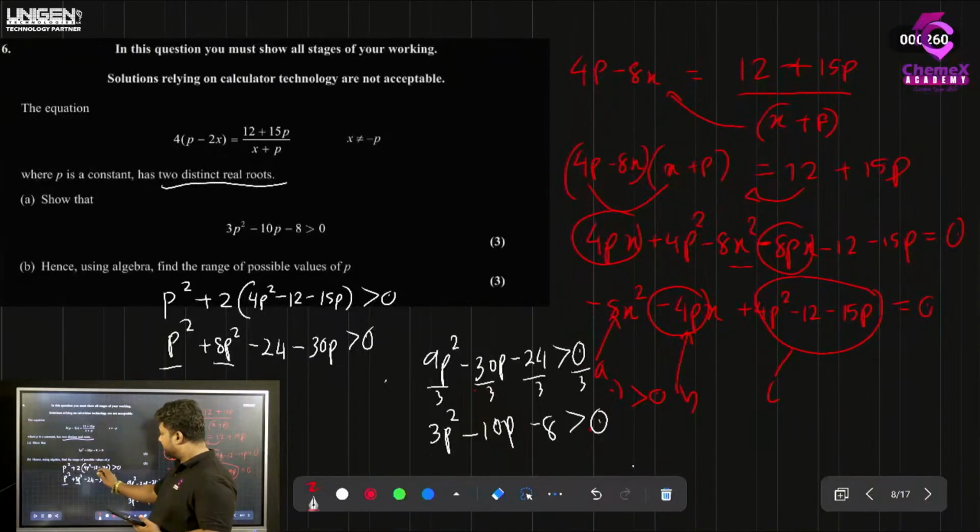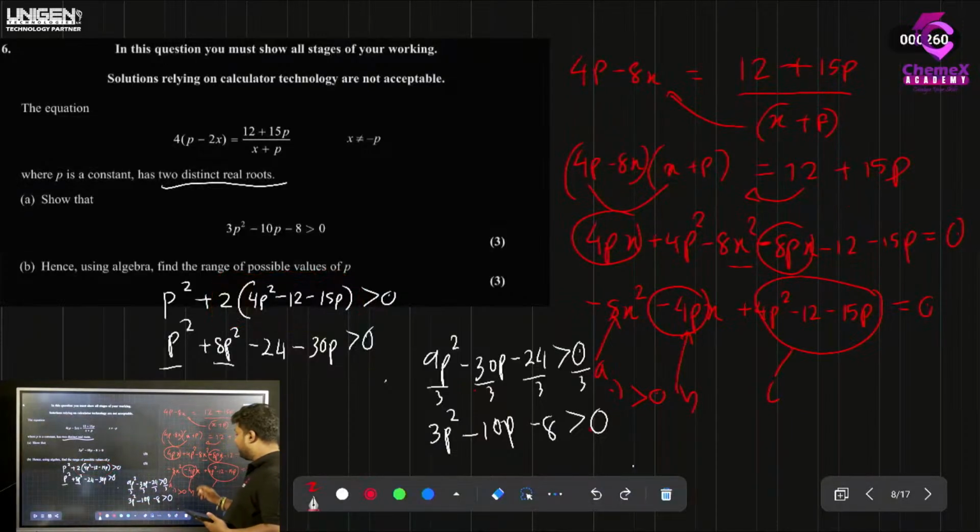In the red color part you have seen, this entire thing is actually B, this entire thing is actually C. Like, can't we switch minus 4p squared with minus 4px? Yeah, you're asking whether when you have b squared minus 4ac, can you shift A and C, right?